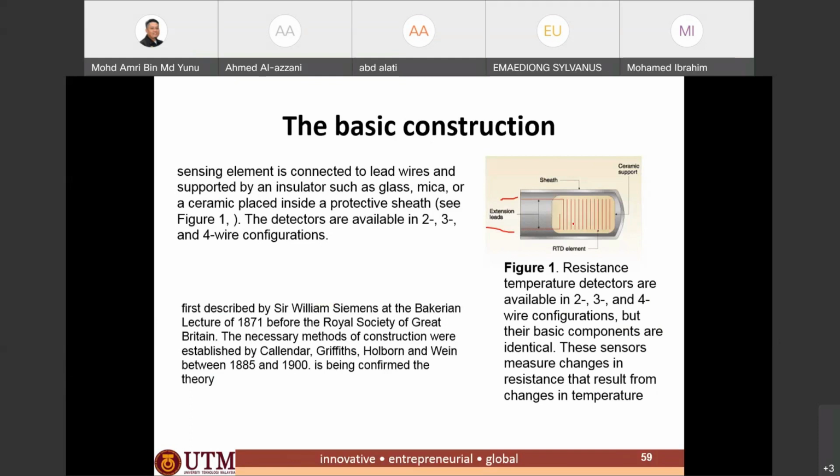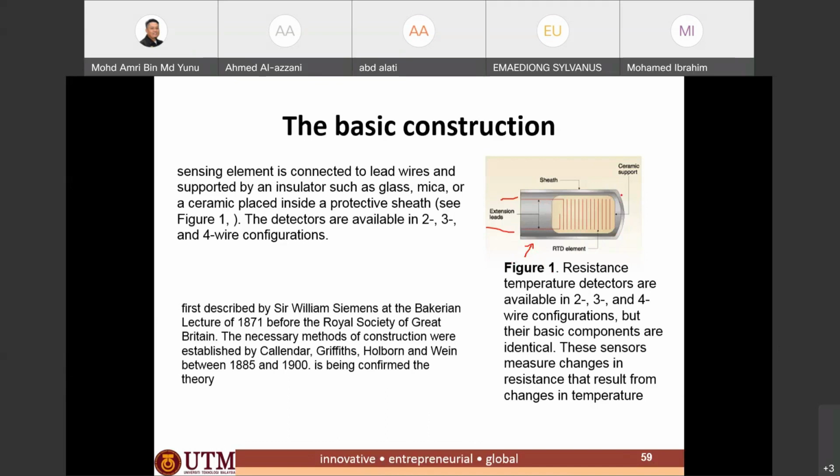with two layers. The first layer is the ceramic support, basically filled with ceramic support, and the wire is inside the ceramic support. And the outer protective layer is basically a sheath or an insulator made of glass, ceramic, or mica.